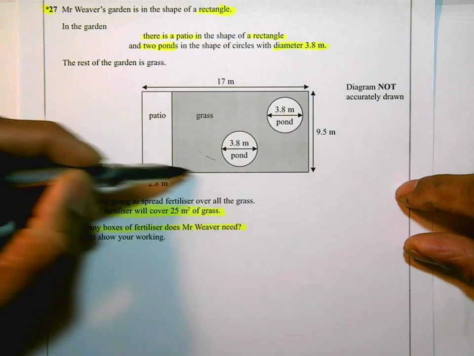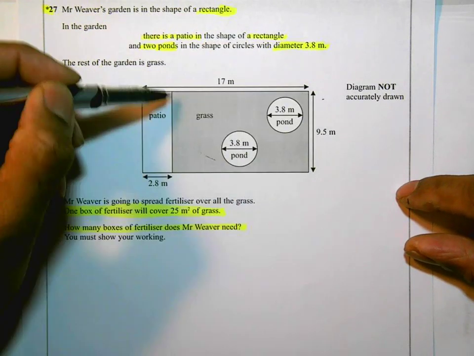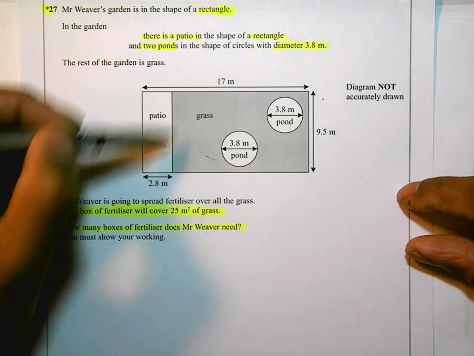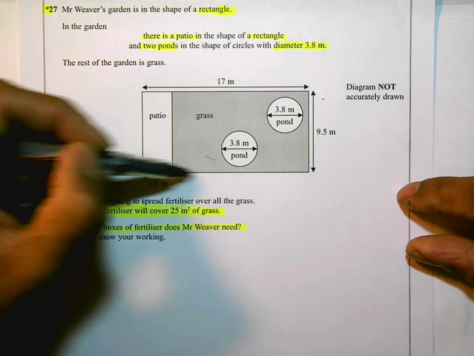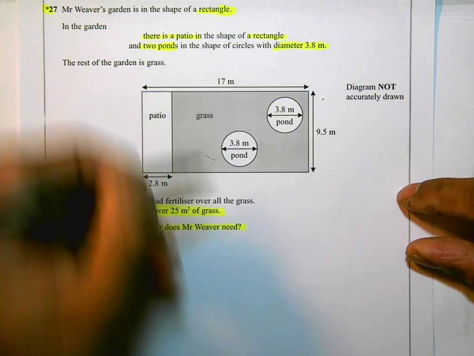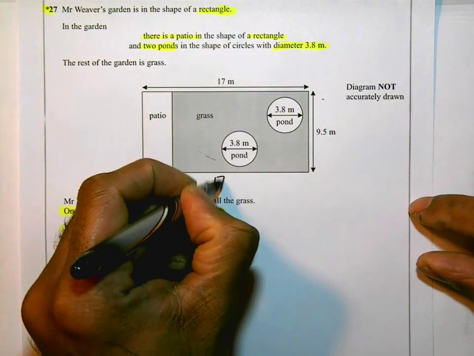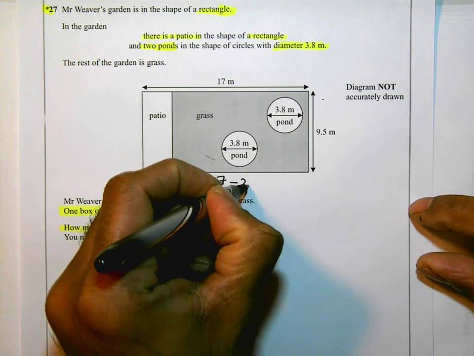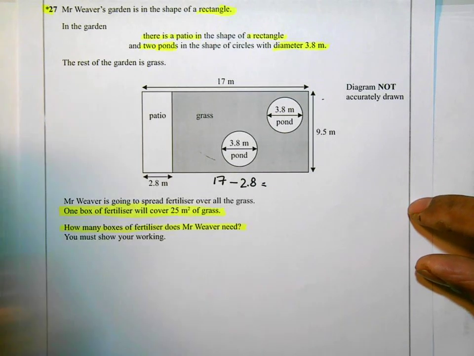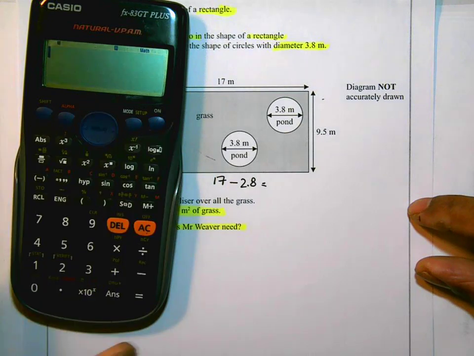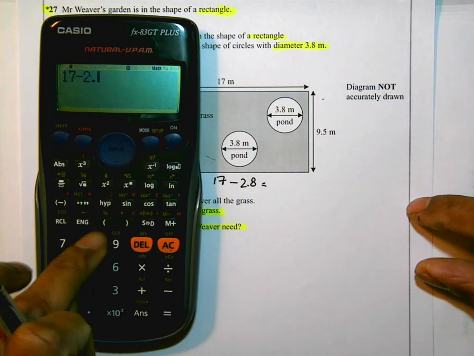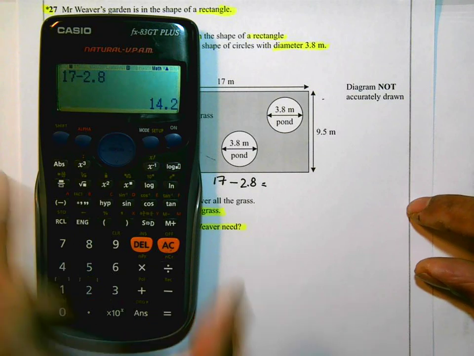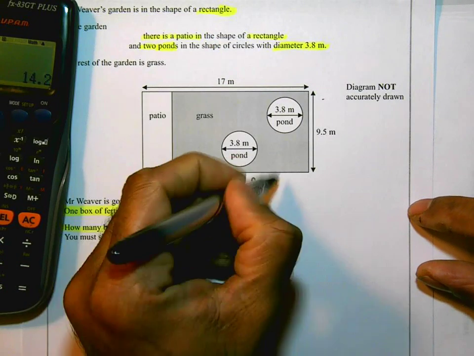The area of this rectangle is 9.5 times this distance here, which I haven't been given, but this distance is 17 take away 2.8. I am going to be using the calculator quite a bit in this question, so 17 take away 2.8 equals 14.2. I want to make sure that I don't make any mistakes.